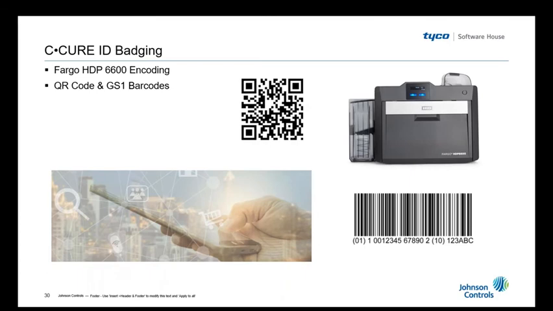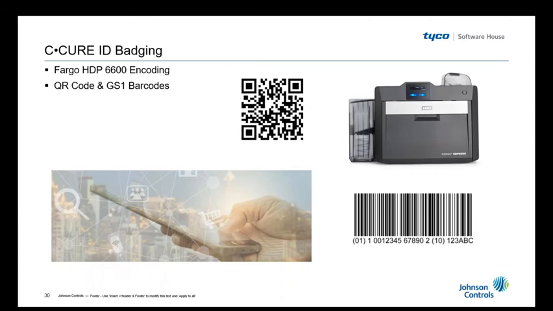That's a big deal for a lot of universities as they move to an open type of smart card. You can do symmetric key, you can do diversified key, you can encode different data fields at the same time, and you can do batch printing now for those smart cards as well.